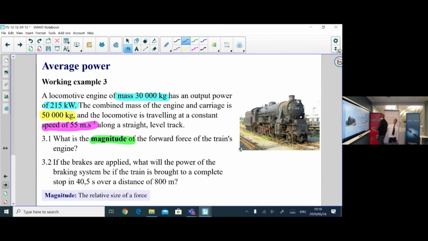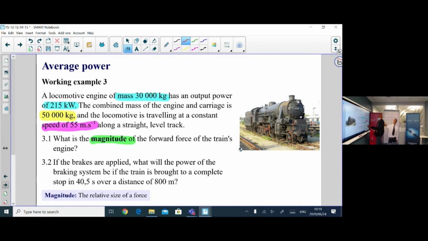This is an example that we're supposed to work out. All the time I told you that you have to analyze. After analyzing it, you write down the given information as your data. Then you write what is needed. A locomotive engine of mass 30,000 kilogram has an output power of 215 kilowatts.